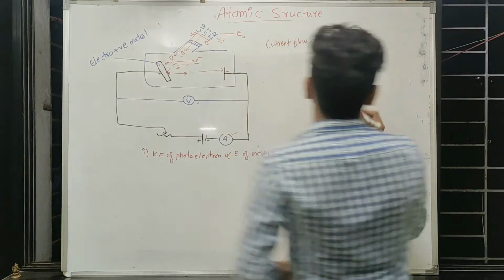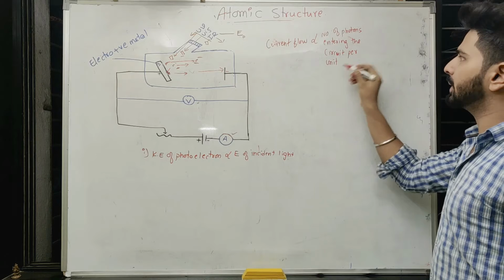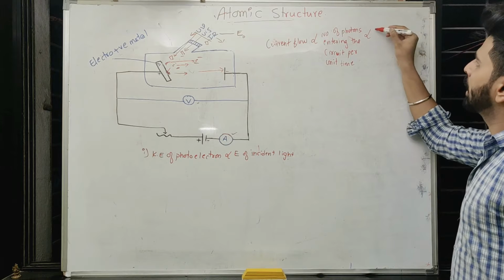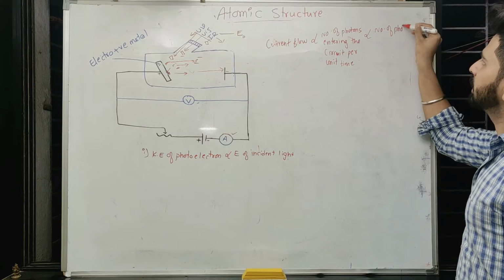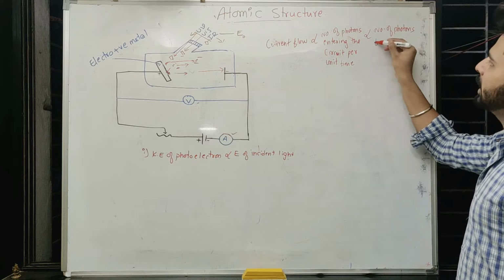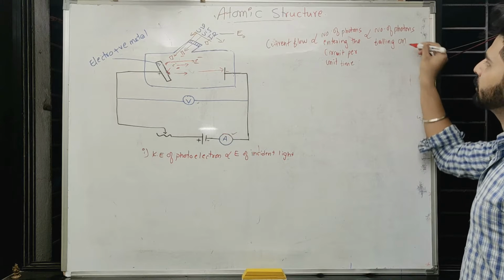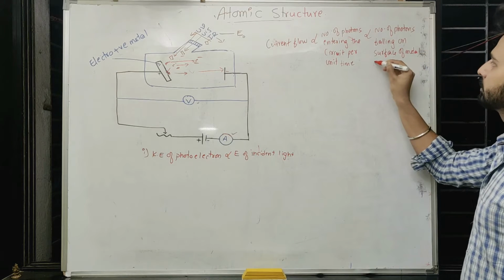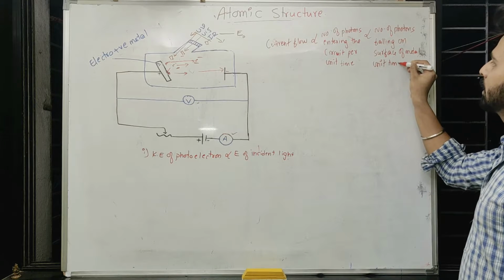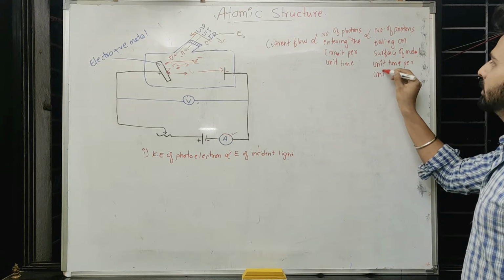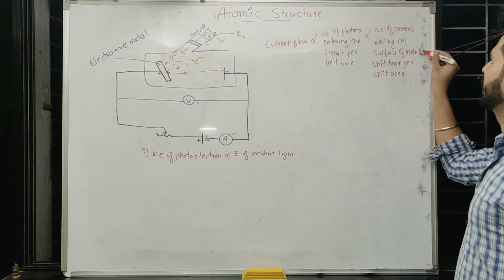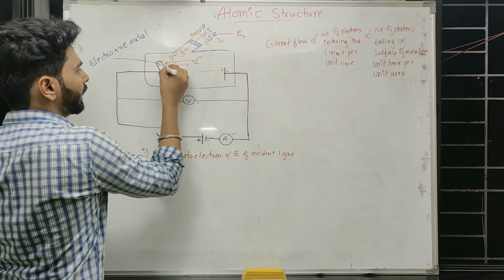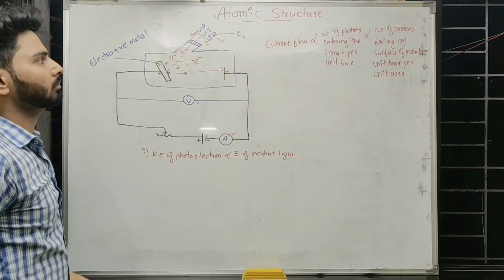So if I increase the number of photons, the number of photoelectrons also increases. So I can say that the number of photons entering the circuit per unit time is directly proportional to the number of photons falling on the surface of metal per unit area. Even that matters here, because if you increase the area, then many more photons are needed there.